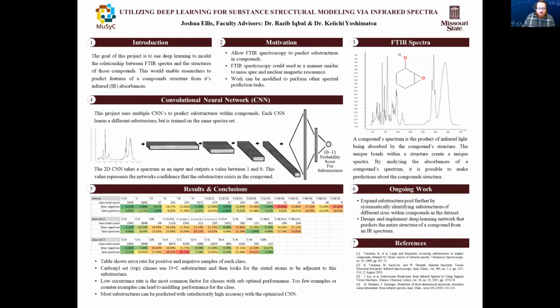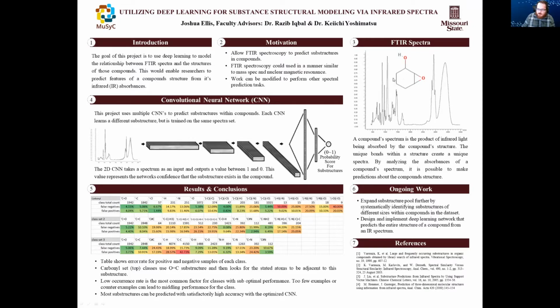The project I'm working on essentially takes an FTIR spectra and then tries to identify certain features within a compound. So a compound's structure is what's responsible for these absorbance peaks within the spectrum.